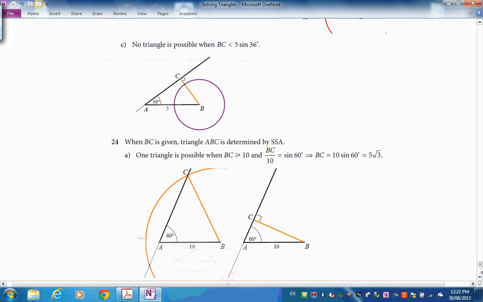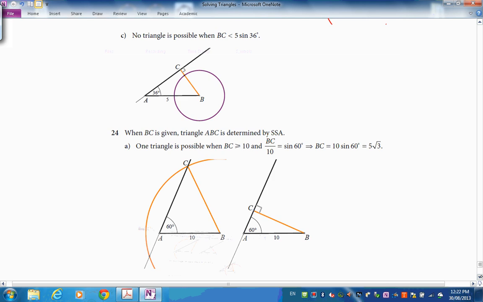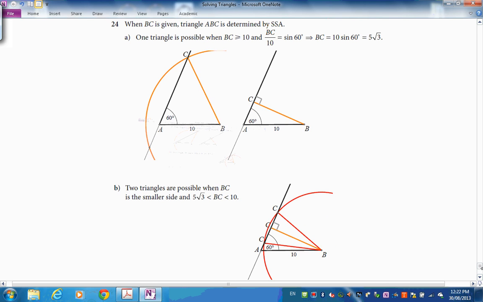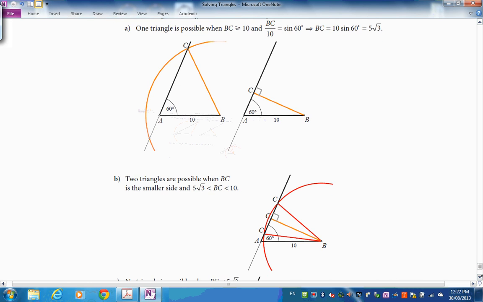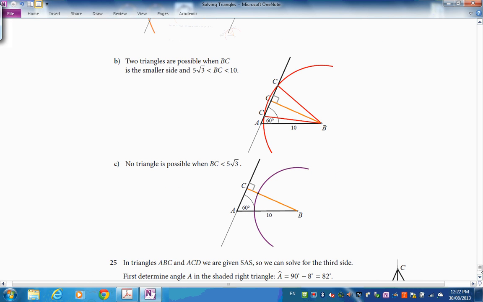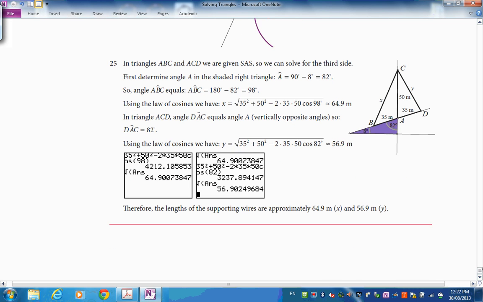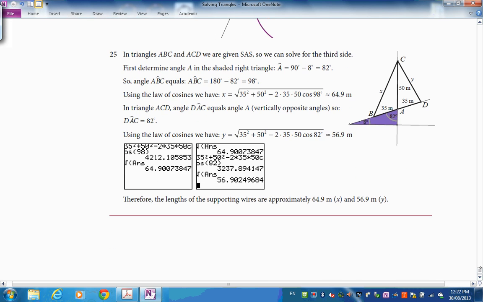Most of 23 there. 24. And as we go to 25 there.